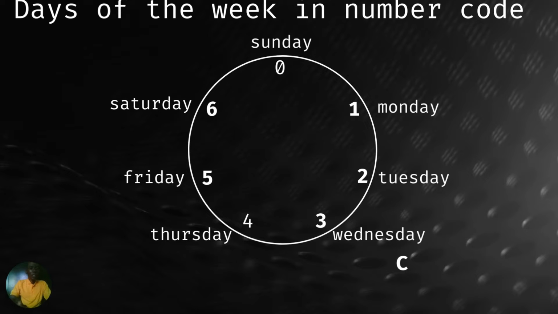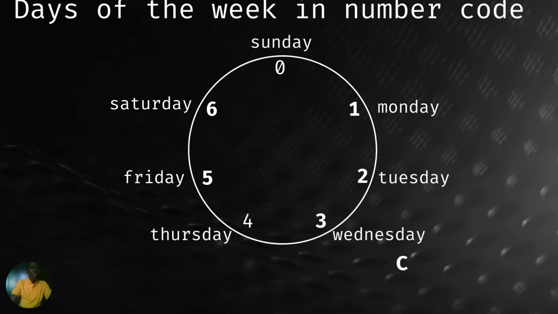Now let's look at the days of the week. If we say Sunday starts with 0, which is the A, Monday is 0... Tuesday is 1, Wednesday is 2, Thursday is 3, Friday is 4, and Saturday is 6.